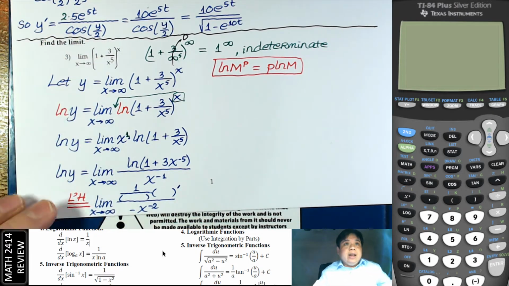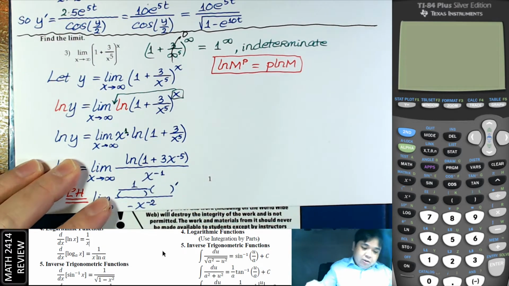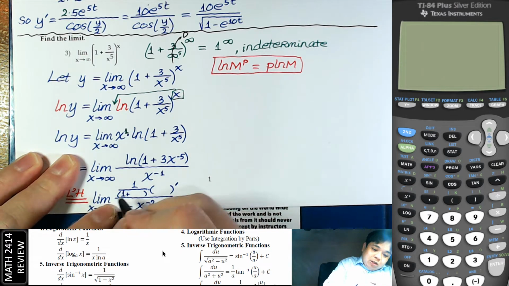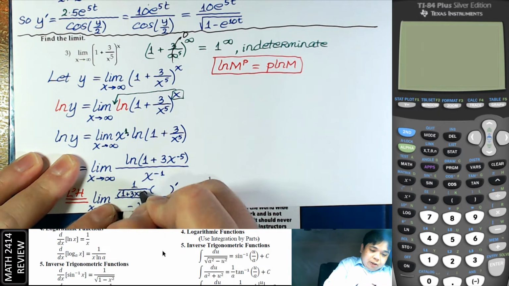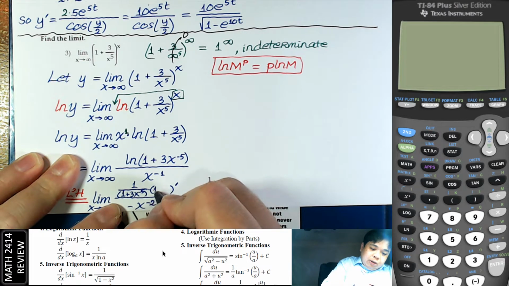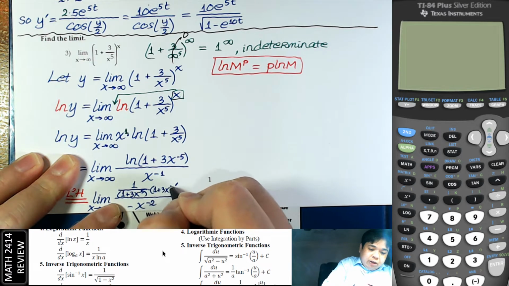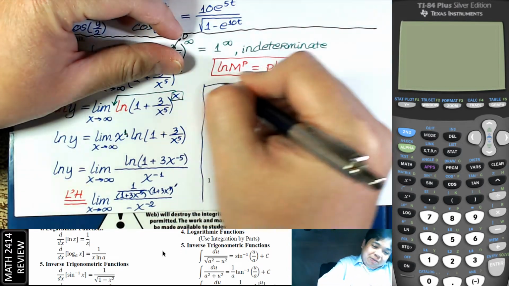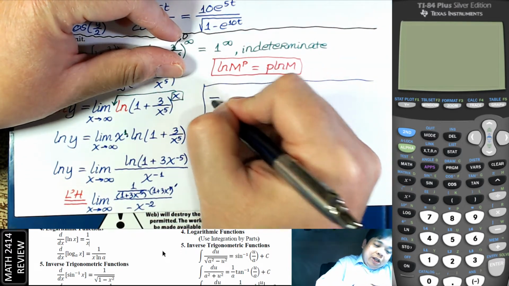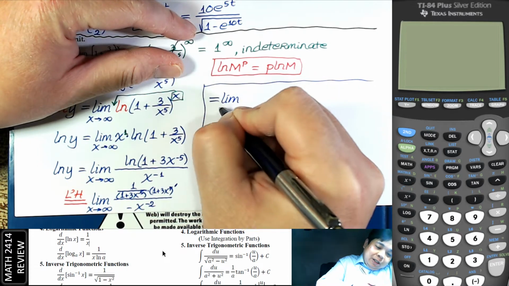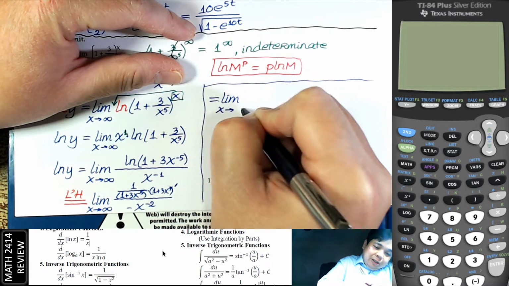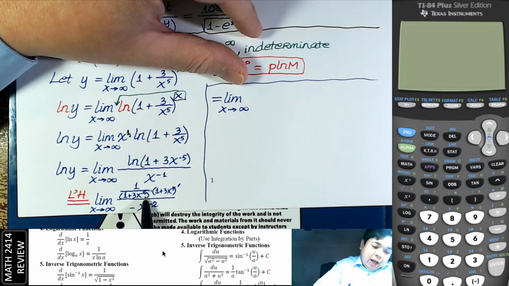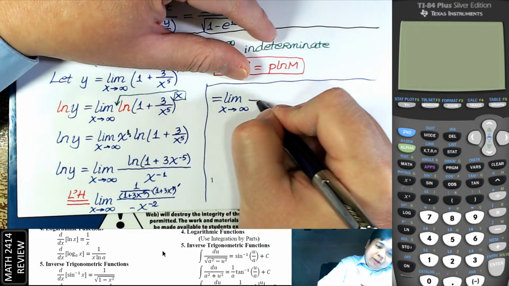Right. Now inside the parentheses is 1 plus 3x to the -5. Sorry, can't run out of space here. Now we continue. Right. Now we have 1 over 3x to the -5.